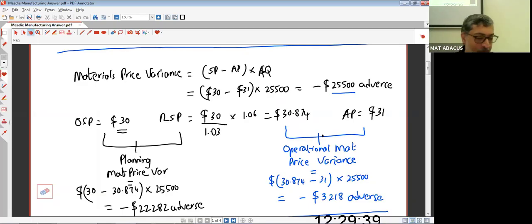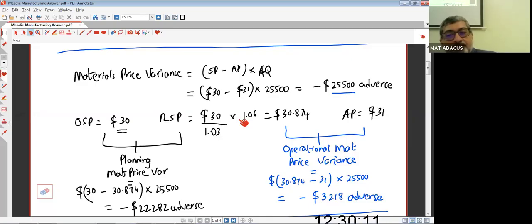What we saw students do is just take 30 times 1.06. You get the variance wrong, but at least your comments will be correct. This is a very good example. If you take 30 times 1.06, you get 31.80.